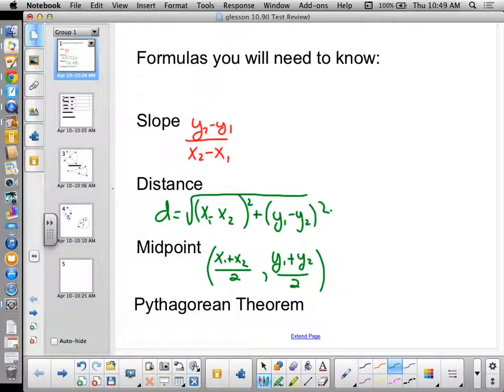The most common mistake people make is they turn this into a minus, or they try to square it. Nothing gets squared there in the midpoint. That midpoint is the easiest one. It's just an average. Add, divide by 2. And of course, Pythagorean theorem, a squared plus b squared equals c squared. That's pretty straightforward.